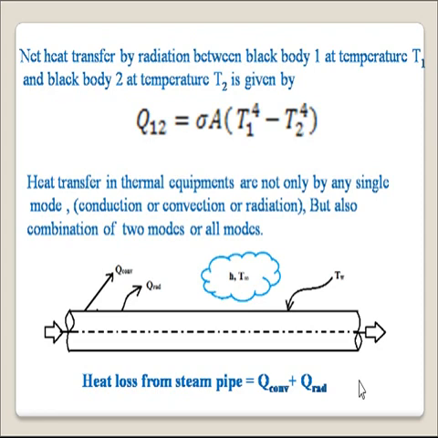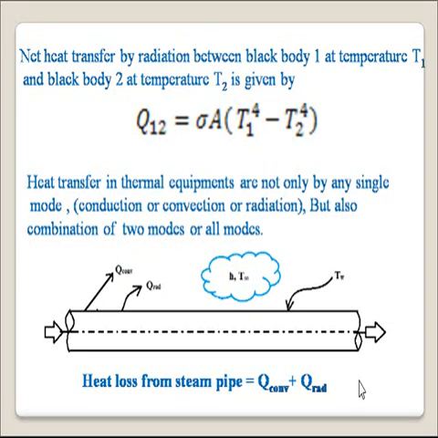In radiation, heat transfer is directly proportional to the fourth power of absolute temperature. So at low temperature, radiation is negligible, but at high temperature, it increases very rapidly. So in the case of a furnace, the dominant component of heat transfer is radiation.